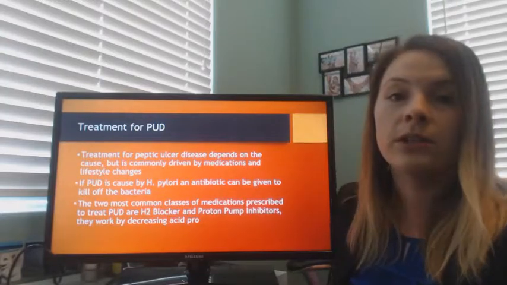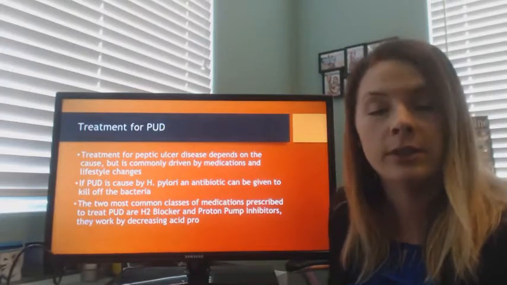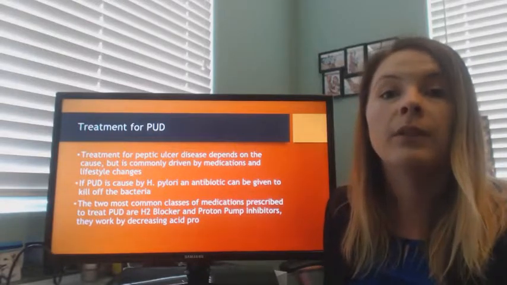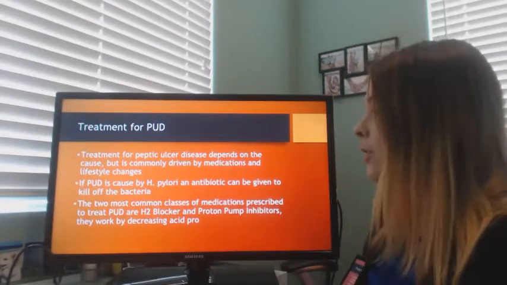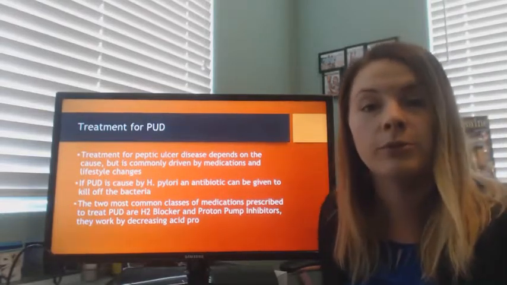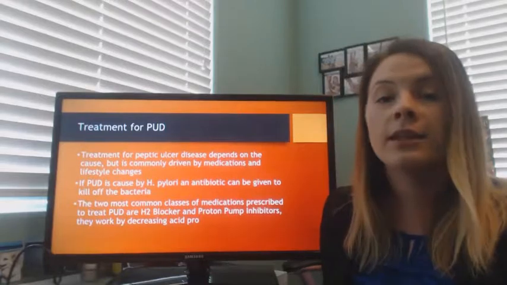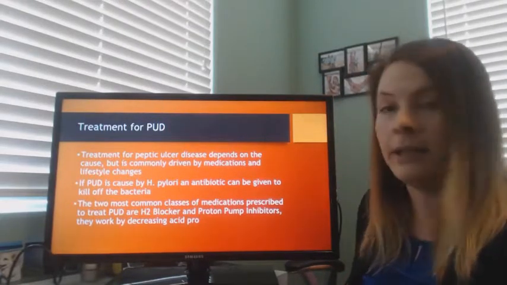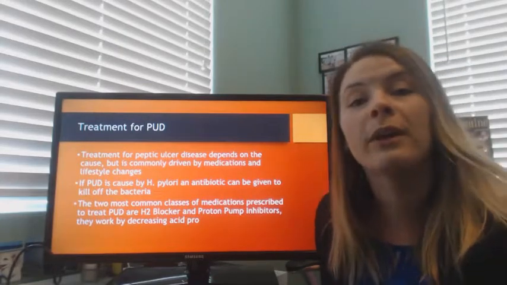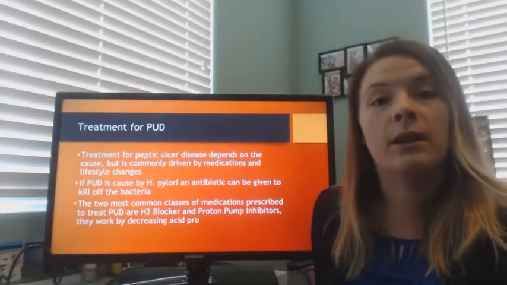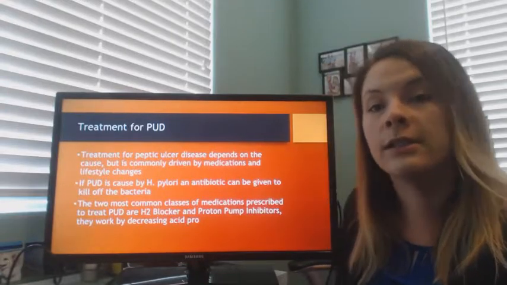If your peptic ulcers are caused by a different source, like long-term NSAID use, there are two common classes of medications you prescribe: H2 blockers and proton pump inhibitors. We're going to go over those two medications now, covering their mode of action, proper use, and any contraindications.